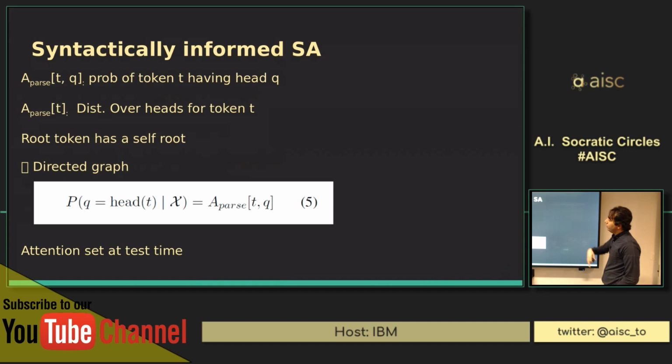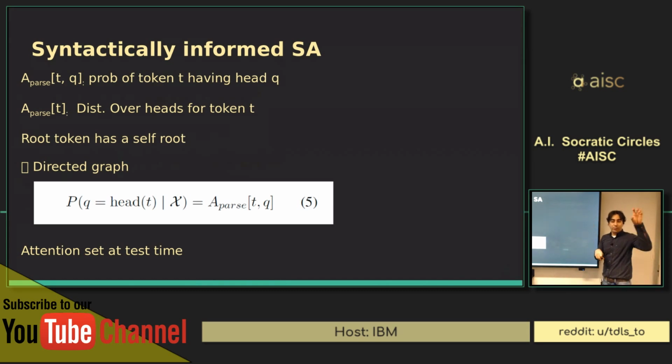Okay, so a little bit of notation. A parse of t and k would be the probability of token t having head q. And A parse of t would be the distribution over heads for token t. Root token has a self-root, as mentioned earlier.